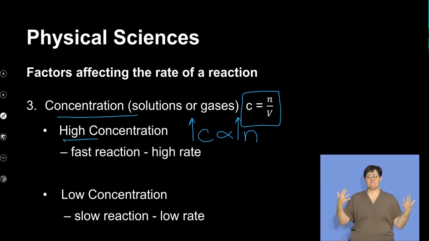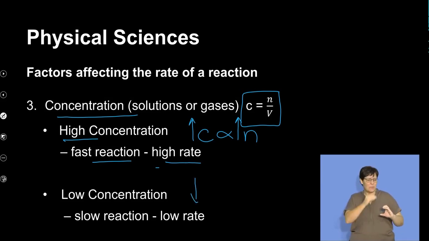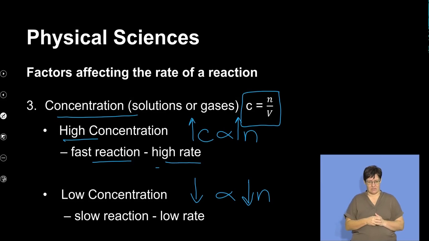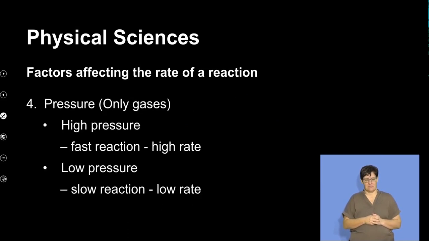That will have a fast reaction, high rate, meaning in a small time. Low concentration means there will be a low number of moles and it will go for a slow reaction, and a slow reaction happens in a longer time.